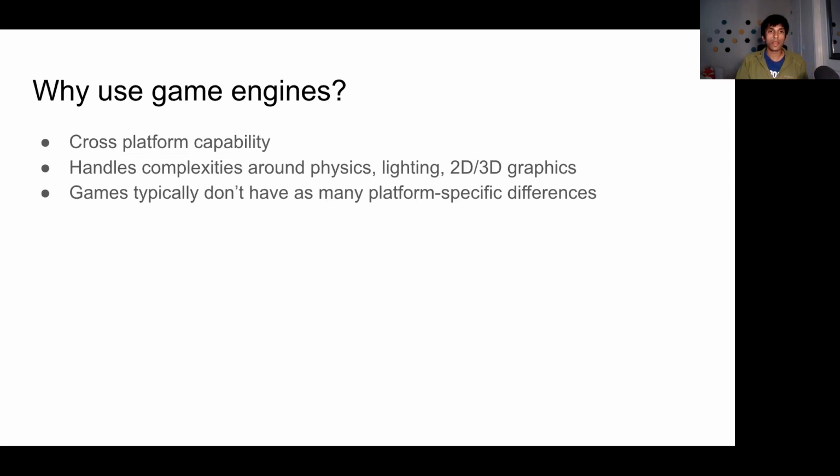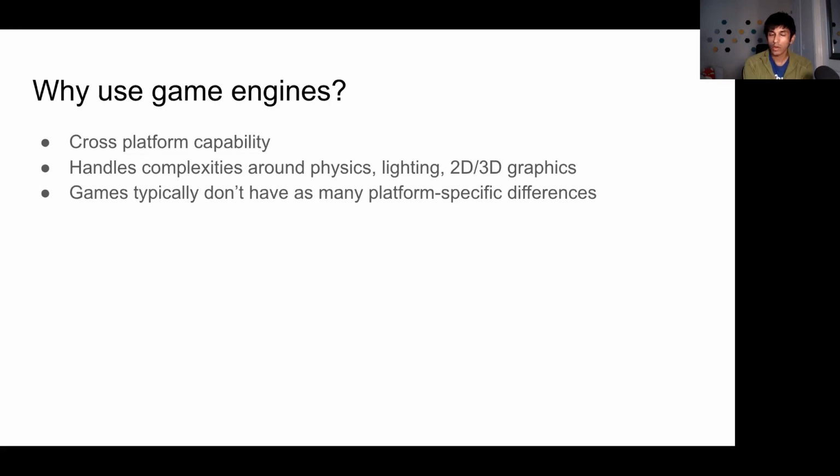And the other thing that I'll mention is that games typically don't have as many platform-specific differences, right? So when I play Angry Birds on Android or on iOS, the experience is relatively similar.